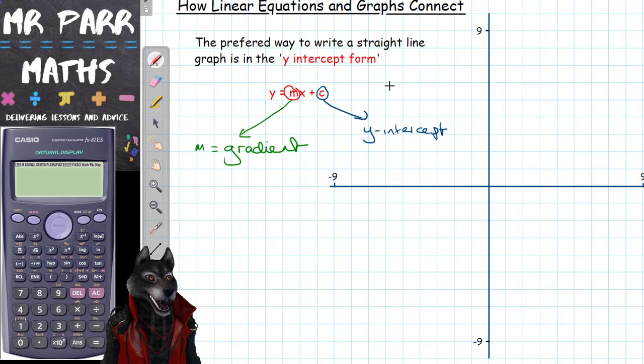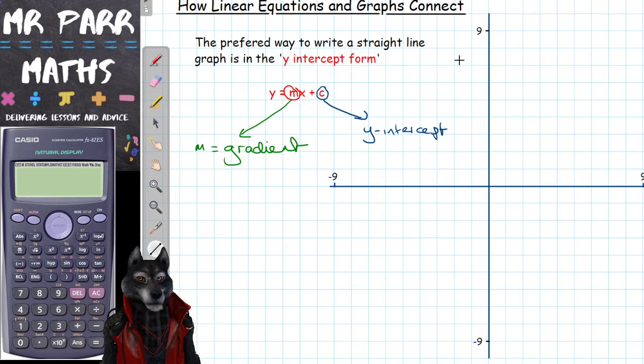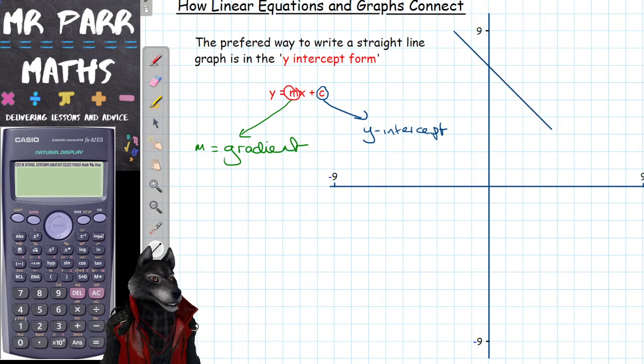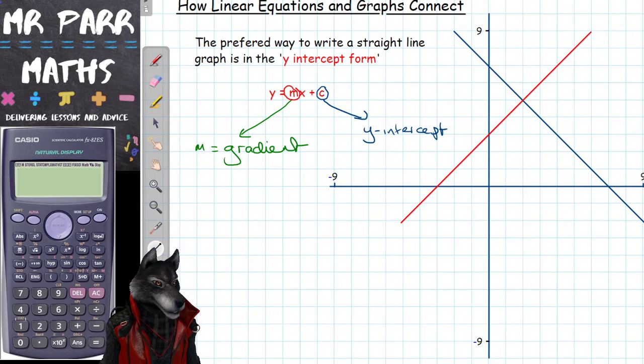So this would then allow me to spot things on other graphs. So for instance, this should allow me therefore to recognise the difference in two graphs. So for instance, I'm going to draw two graphs here. I'm going to draw one there, and I'm going to draw another one in red, in this direction.